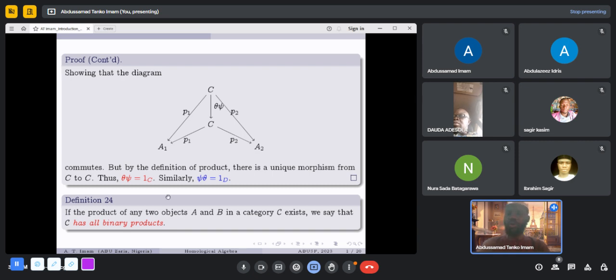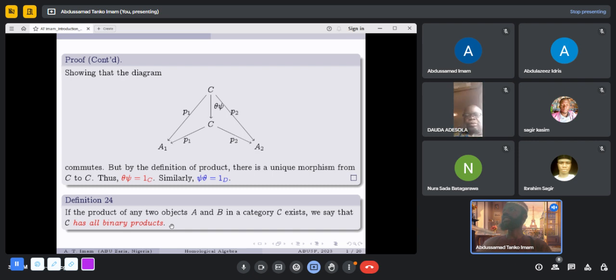And then the dual version is to define the notion of coproduct. But before then, we say if the product of any two objects in a category exists, because a product may not necessarily exist in a category. But if in a category, the product of any two objects always exists, then that category is said to have all binary products.